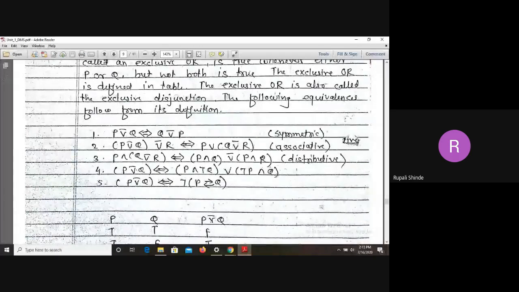Now next one, P XOR Q is equivalent to P and negation Q, or negation P and Q. Why is this formula given here?